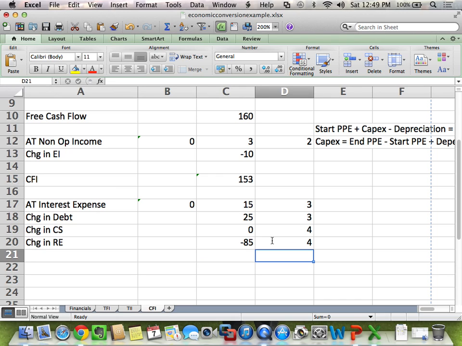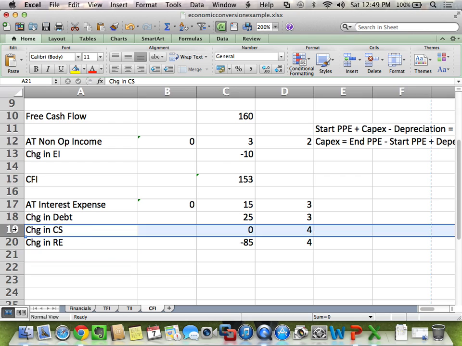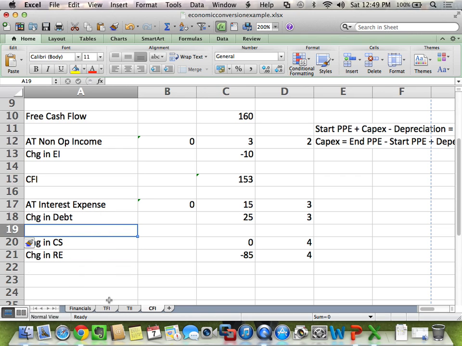Now, one of the tricks of the statement of CFI is based on the fact that this is now a cash flow statement. And here's the challenge. This is the change in the balance sheet, but there is a change in the income statement on the equity as well.